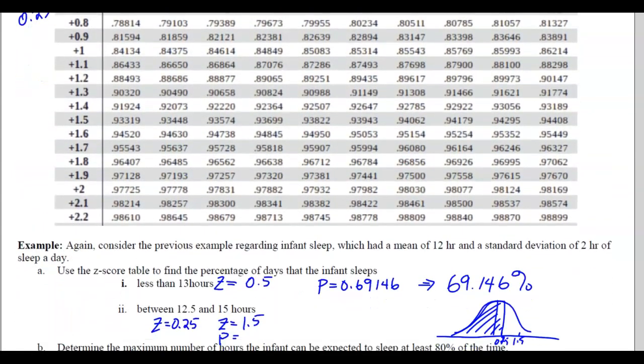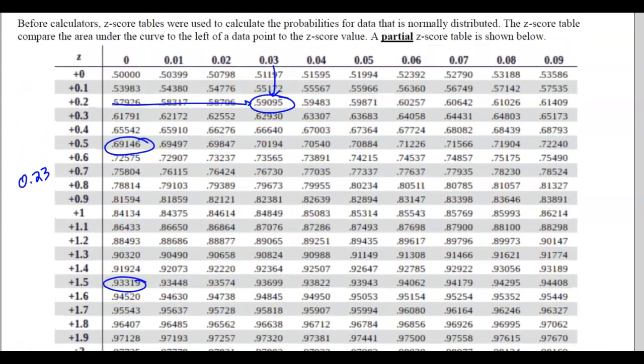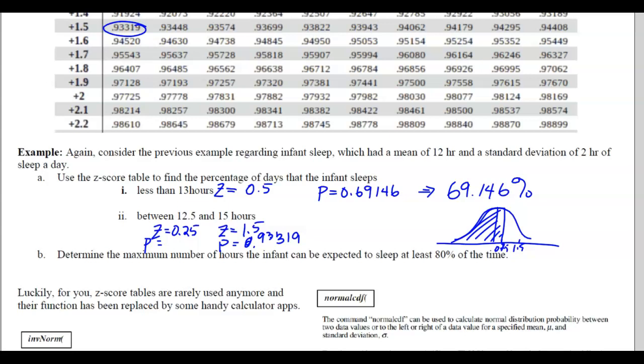So here the probability as a decimal for a z-score of 1.5 is going to be this value here, 0.93319. And then for 0.25, it would be 0.59871.